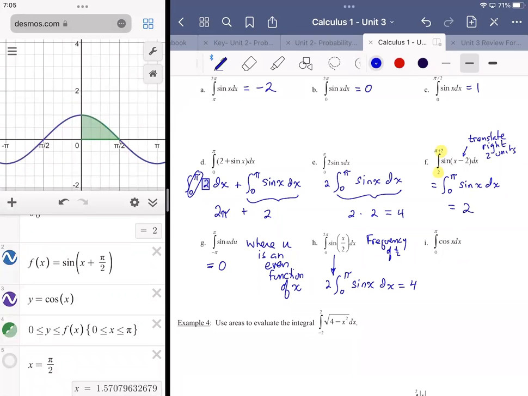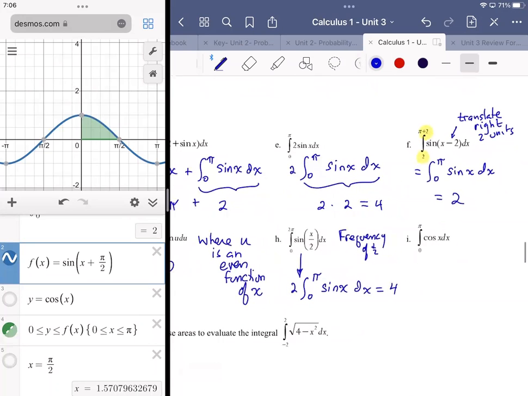So the cosine function can be written as a sine function. Here's my cosine function, and this is my shifted sine function.